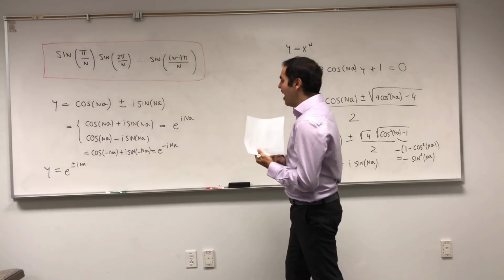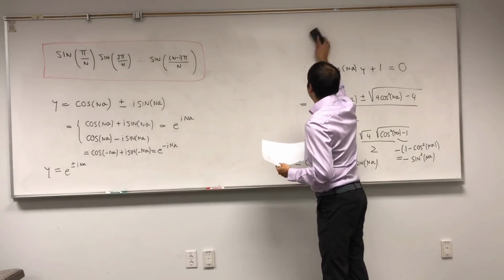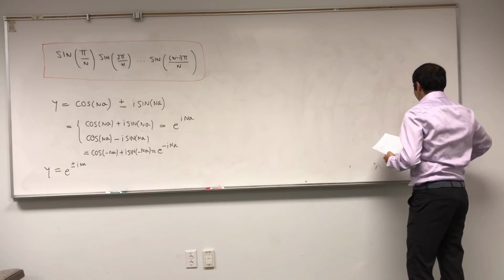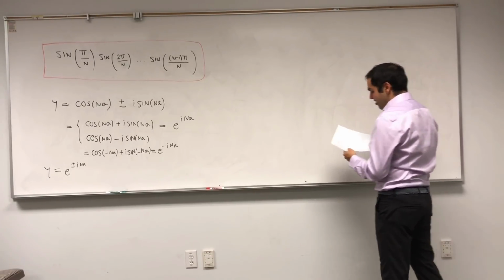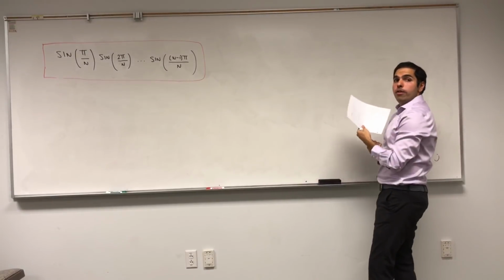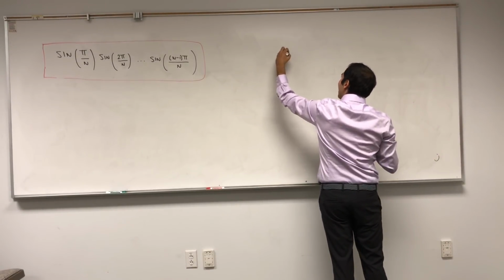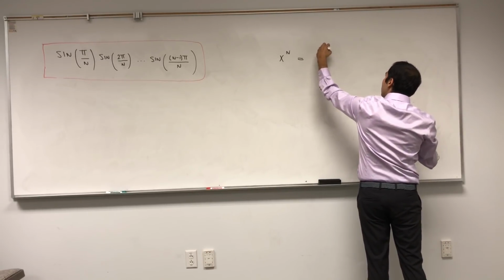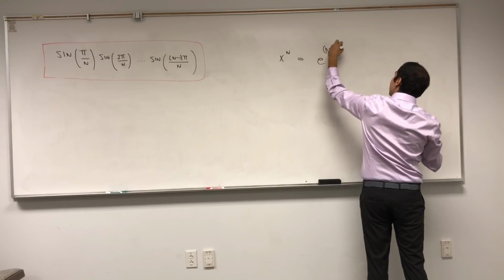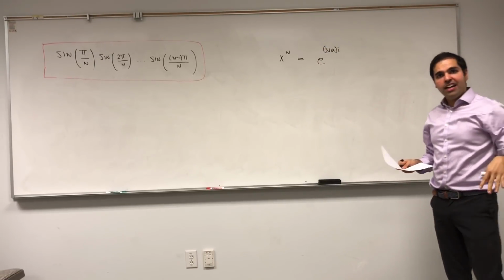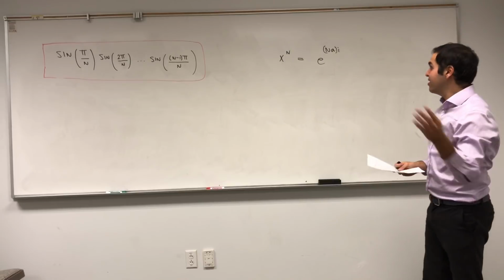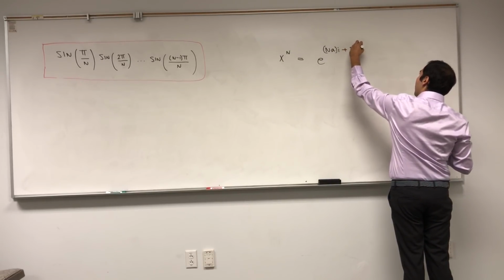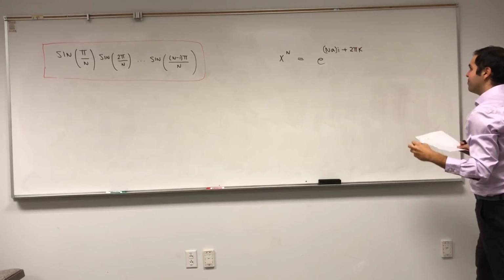But what was y? It was x to the n. So what we really get is x to the n equals plus or minus e to the ina. But now, remember that y is x to the n, so equals e to the nai. And now, remember that we want n solutions. So in order to have n solutions, we'll just add multiples of 2 pi, so 2 pi k.